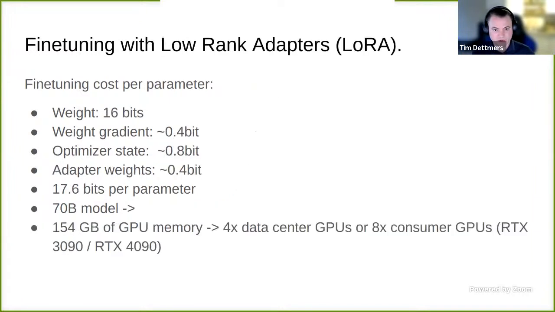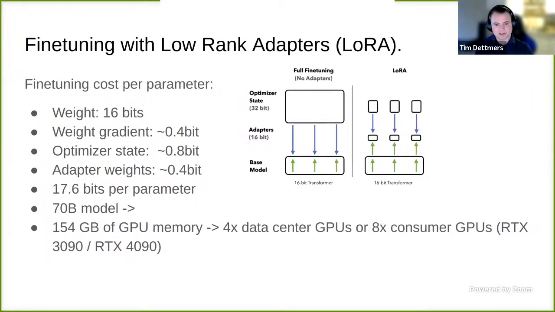You can improve on that with low-rank adapters. That's a very efficient technique where you freeze the main transformer, and now you put some tiny layers on top that you fine-tune. That makes the gradients much smaller, and the optimizer state much smaller.